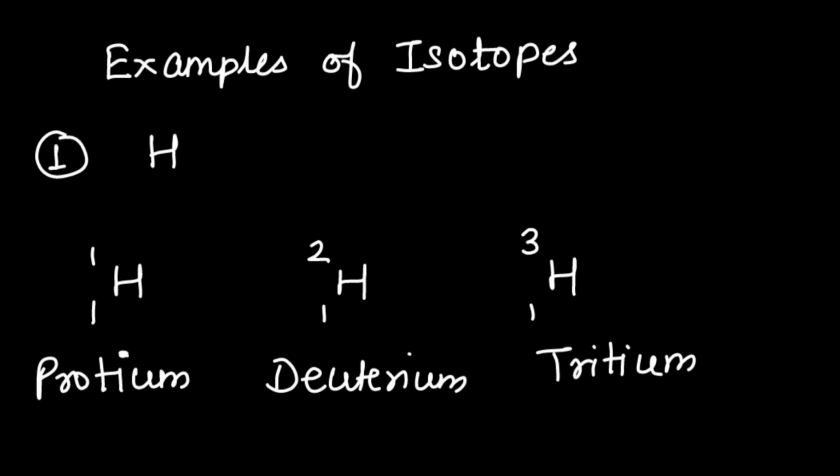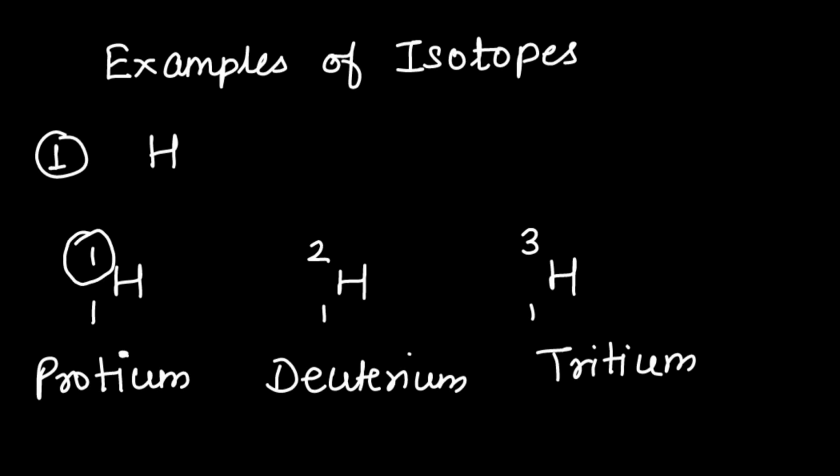First is hydrogen. There are 3 isotopes of hydrogen: 1H1, that is protium, 1H2 deuterium and 1H3 tritium. Here we can see the number of protons is 1 in all 3 isotopes, whereas the mass number is different.